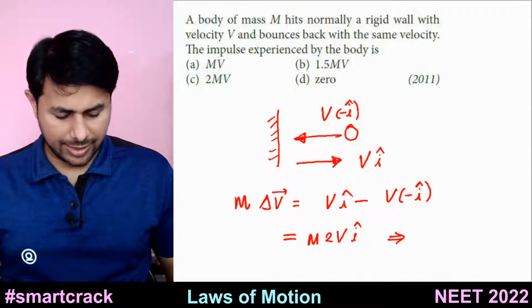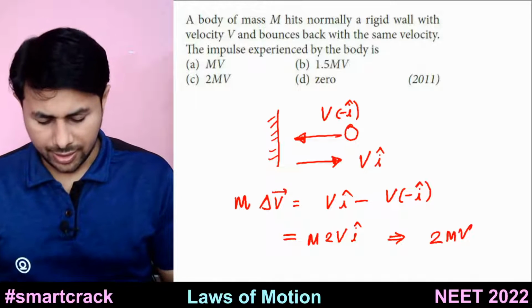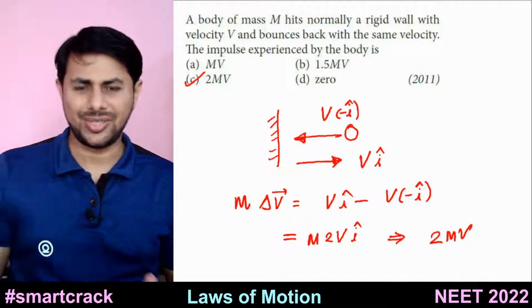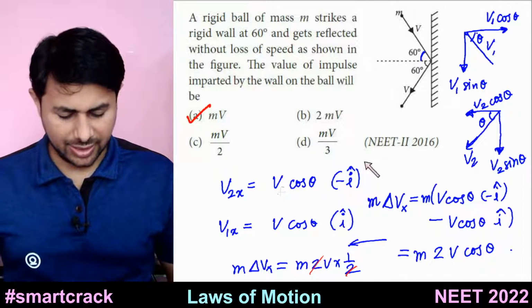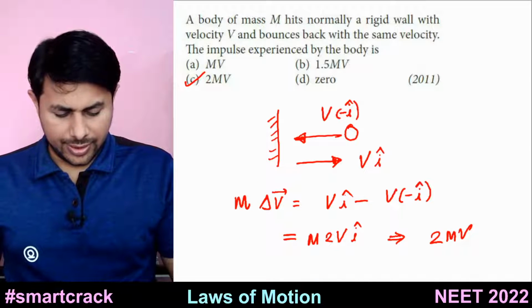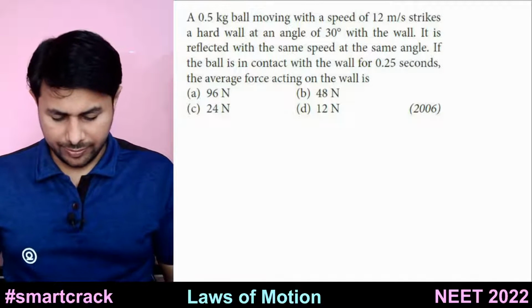So in magnitude it is 2 times m into v. Exactly similar and even simpler compared to the earlier case, but this was asked in 2011 and the earlier problem was asked in 2016. All right, let's move on to another problem.